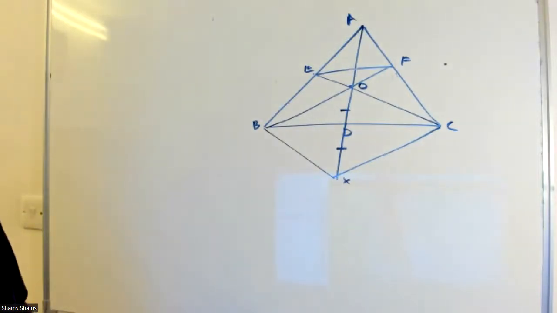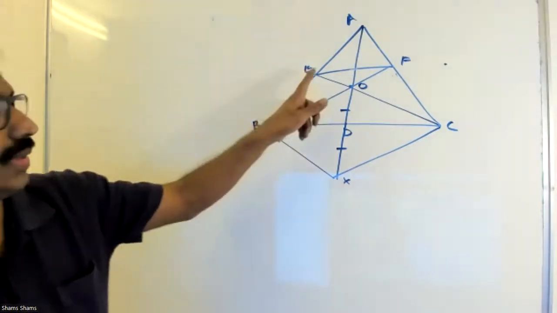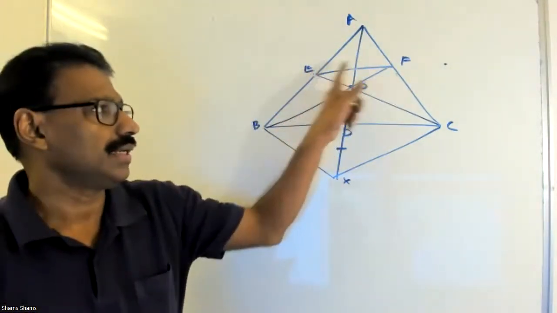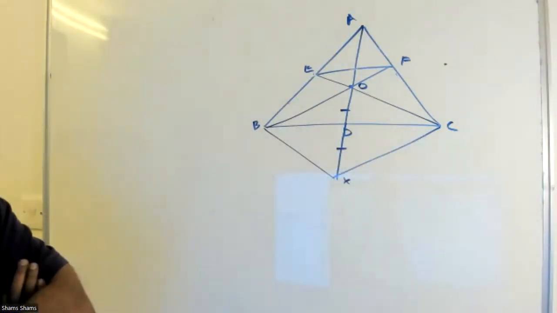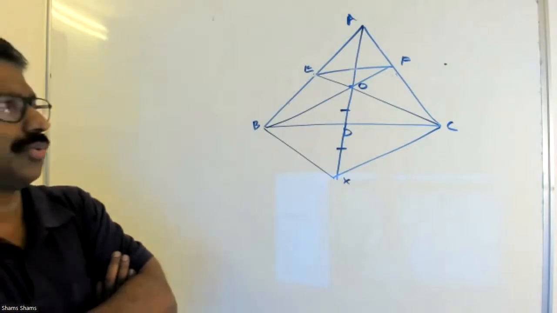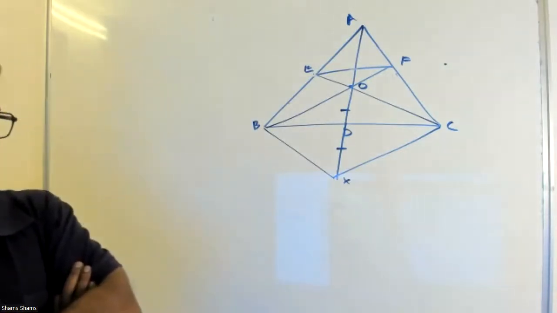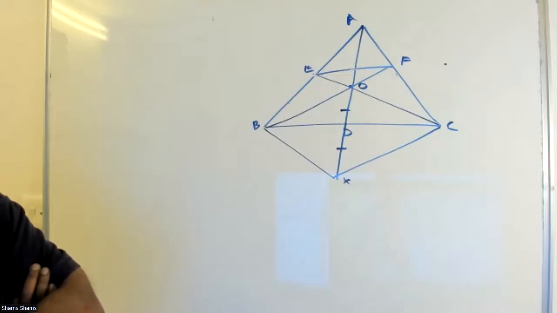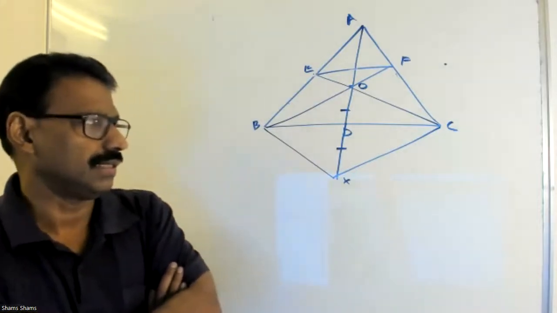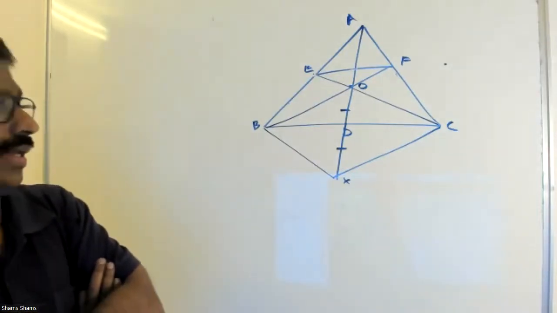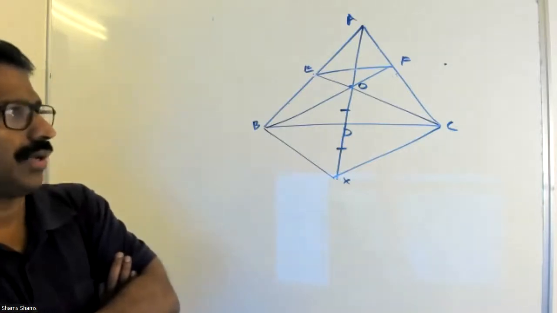So now our requirement is what? EF parallel to BC, right? Hey, listen, don't write now. We have to show that EF parallel to BC. So is it enough to show AE by EB equal to AF by FC? To prove EF parallel to BC, is it okay if I prove AE by EB equal to AF by FC?